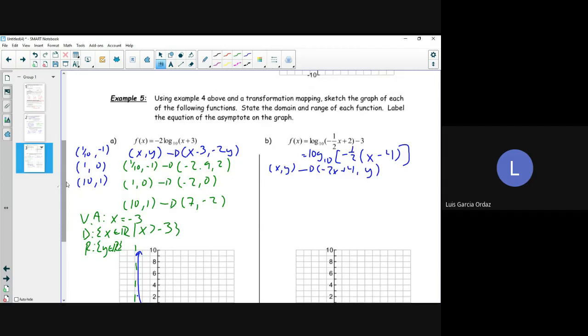I forgot about the minus 3 at the end. Okay, so we have our points 1/10 and negative 1, 1 and 0, and 10 and 1. What would our new points be?